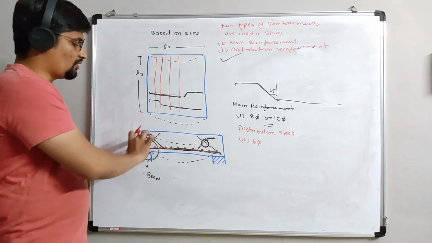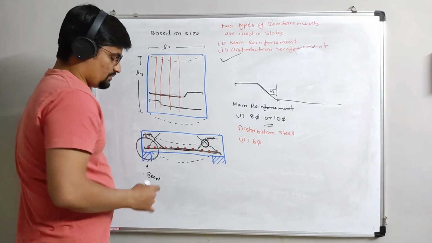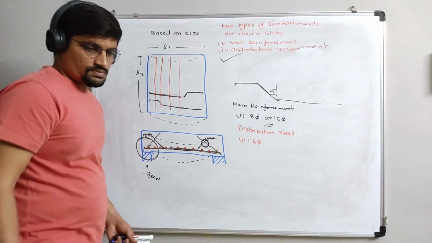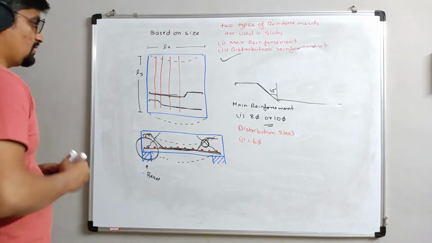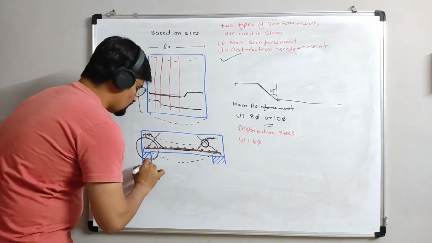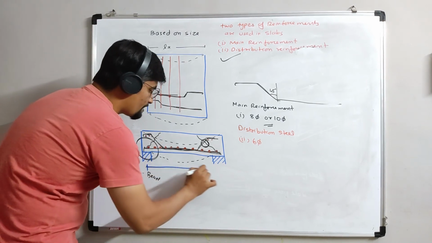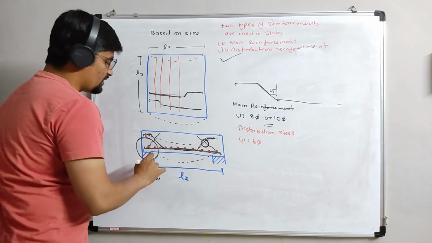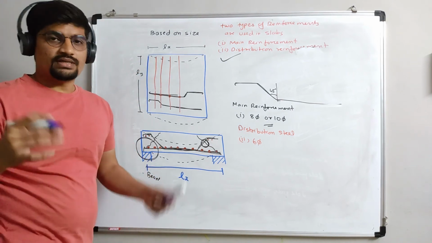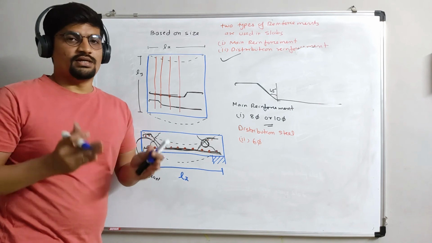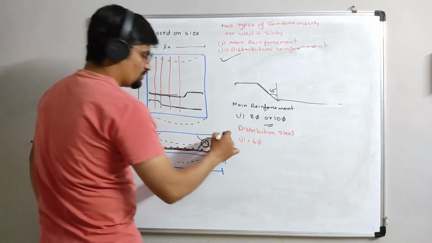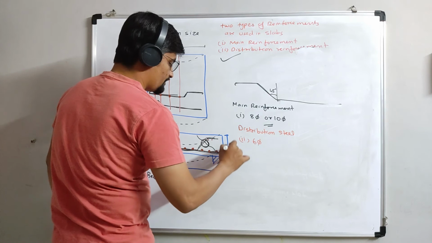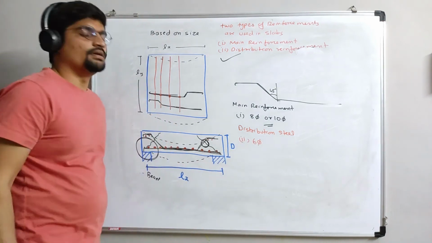Okay, so the geometry will be like this. This will be the LX from center to center, or clear span. It will be given on a center to center basis or on a clear span basis. This will be the overall depth of the slab.